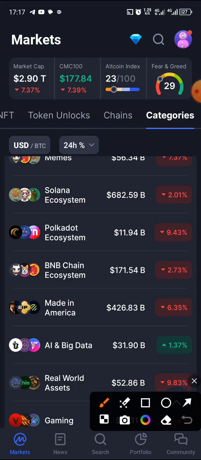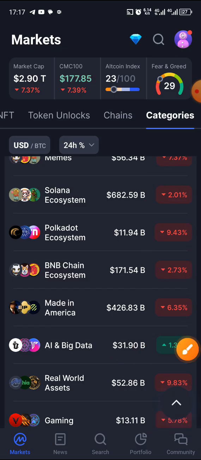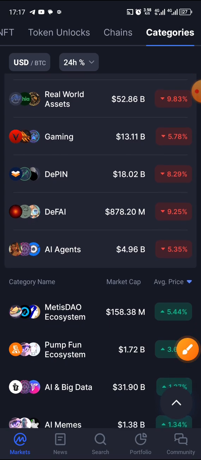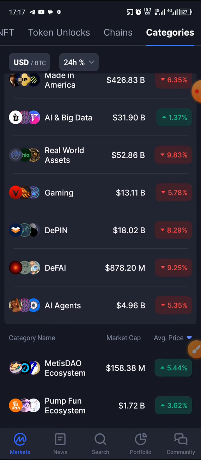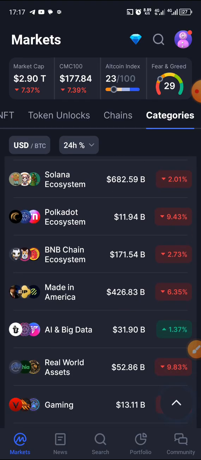And you see, AI and big data, this category is performing better than all of these coins, than all of these categories. Okay? It is performing better than all these coins.